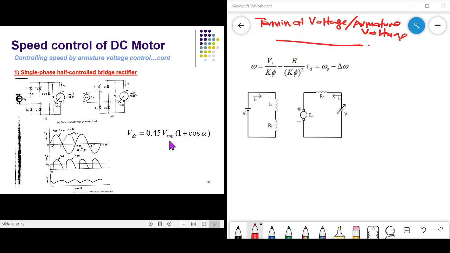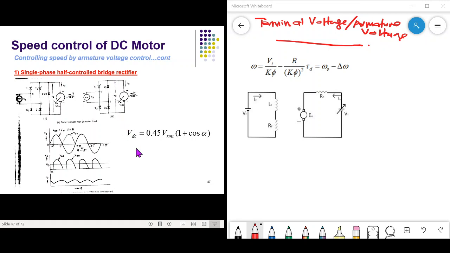You can try to derive this equation by referring to this output waveform. Here the VDC average output voltage is equal to the terminal voltage of the motor. Look here, the output of this rectifier is connected to the terminal of this motor.